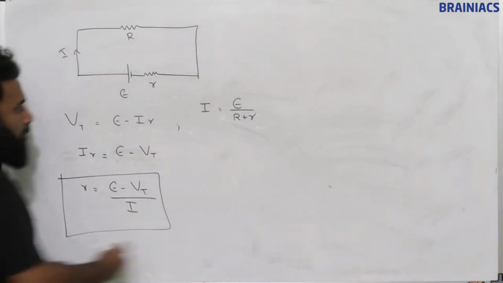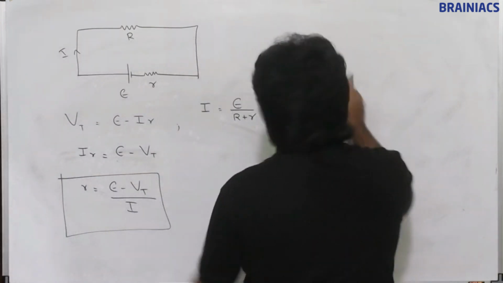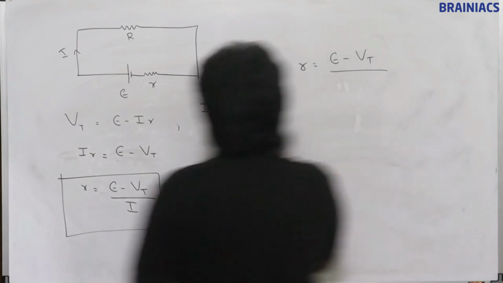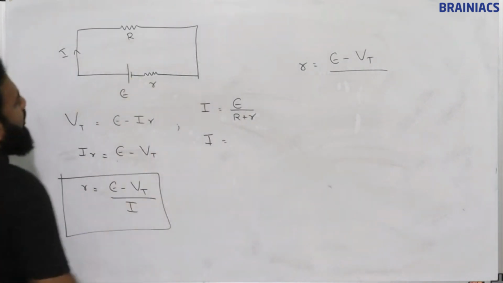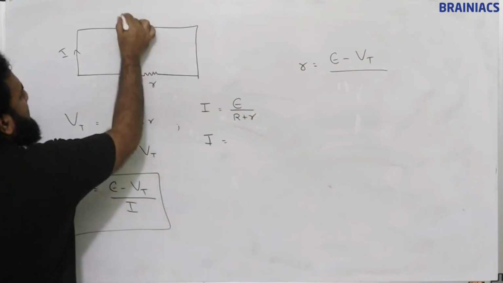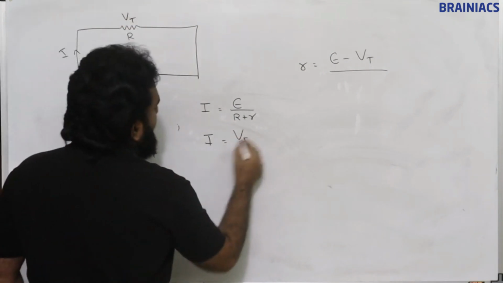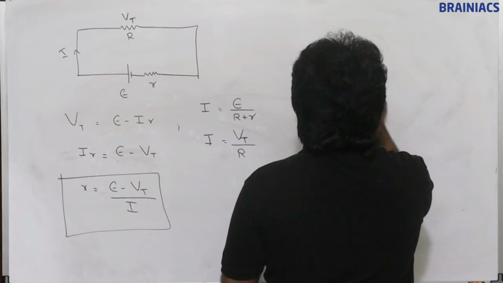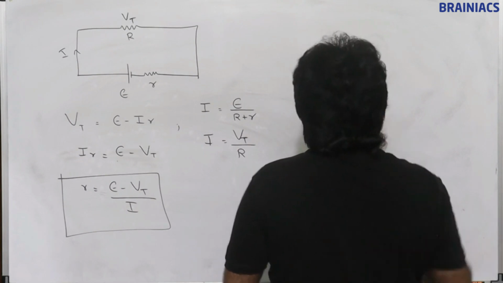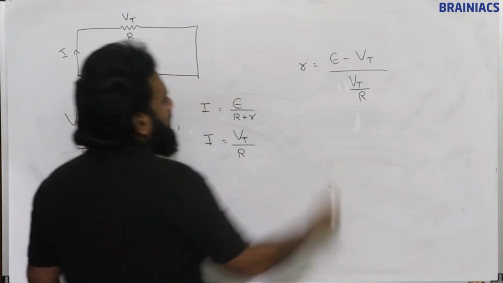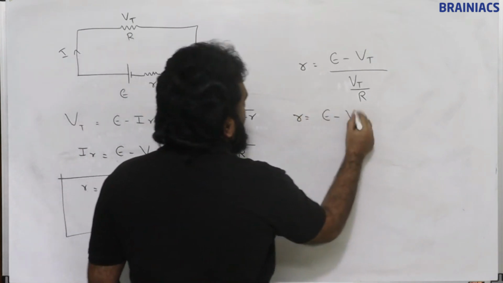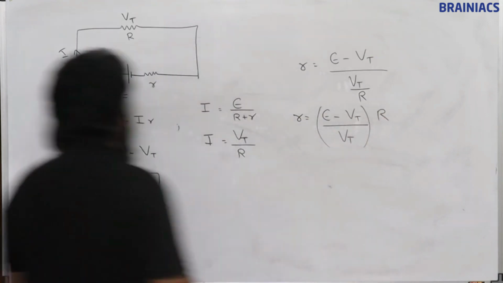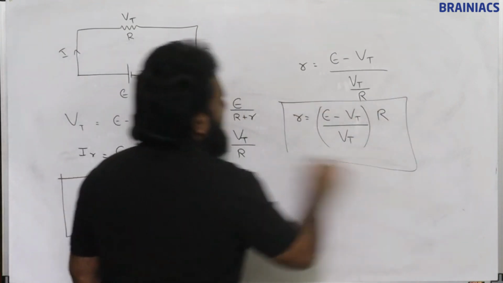Now the internal resistance r is equal to E minus terminal voltage divided by I, and I is equal to E by R plus r, that is also fine. At the same time, if this is the terminal potential difference, we can write Vt by R also. So in place of current, I can replace Vt by R. So internal resistance is nothing but E minus Vt divided by Vt into R, times R. All these are relations to find internal resistance.